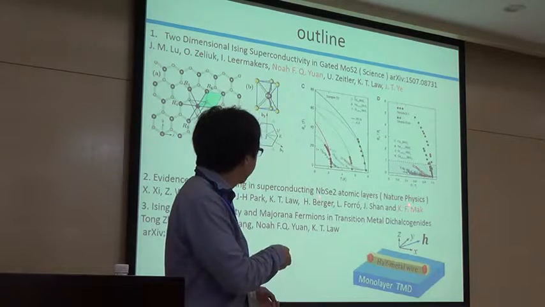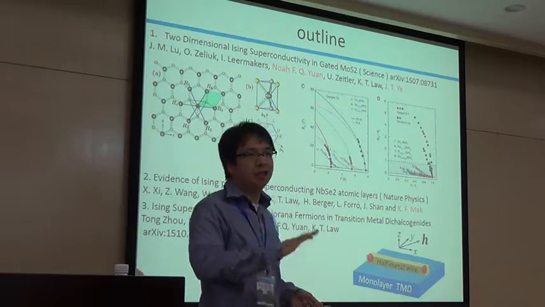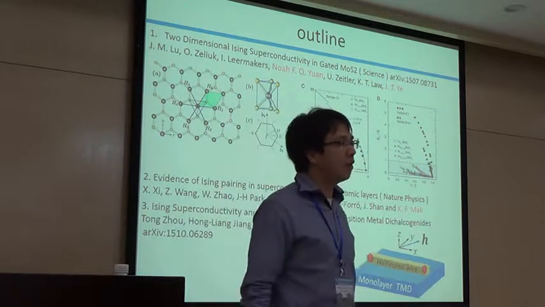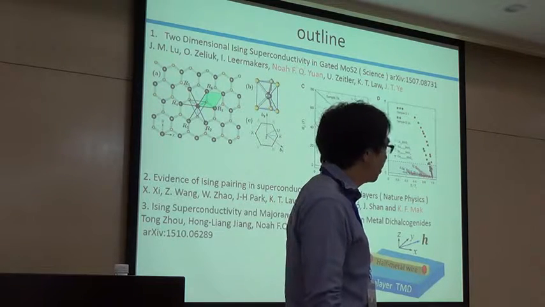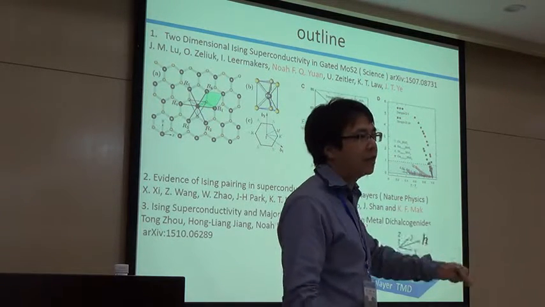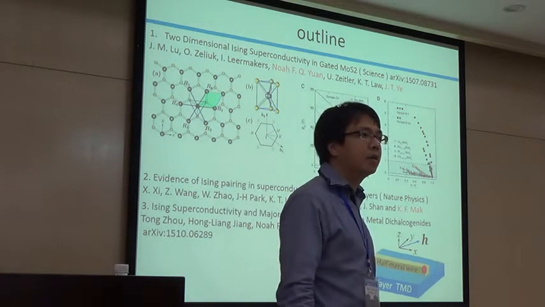For niobium diselenide, the upper critical field is also extremely high; it can survive under the largest possible magnetic field you can apply.